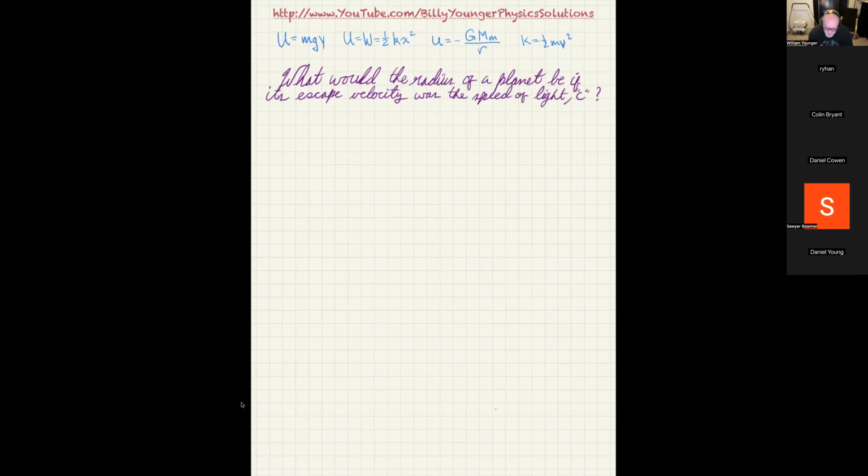Okay. So what I'm going to do is try to draw a better circle than that. I'm going to draw a circle to represent Earth or some planet in general. The radius of that planet is going to be big R. And we're going to imagine a spacecraft sitting on the planet with a mass m.